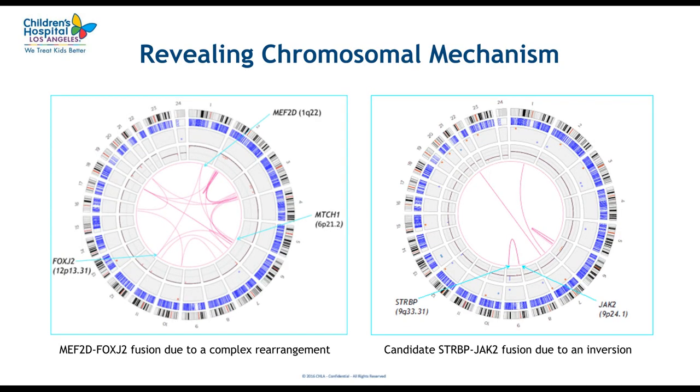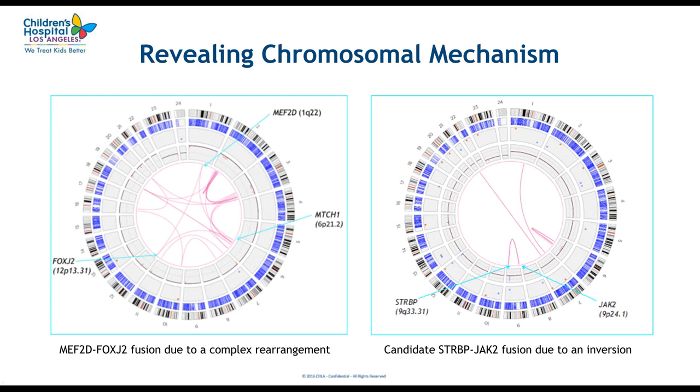And finally, what was very important to me as a cytogeneticist was that optical genome mapping gives you information about the chromosomal mechanism, about the nature of the chromosomal rearrangement that results in an abnormal fusion. When you detect abnormal fusions by methods like RNA-seq, you can see the presence of a fusion, but you really don't know what is the chromosomal rearrangement that resulted in the fusion.